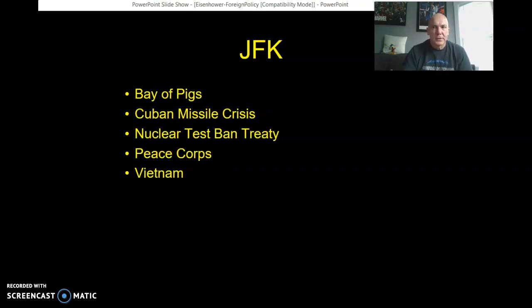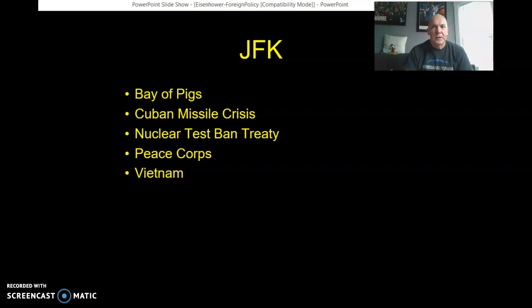As a result of the Cuban Missile Crisis, we begin the first steps towards this period which is later known as détente, an easing of tensions. The Soviet Union and the United States agreed to ban nuclear tests in the atmosphere. We also see JFK's establishment of the Peace Corps, something that's still around today.